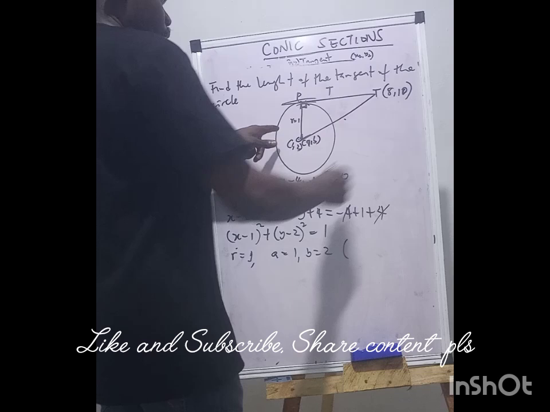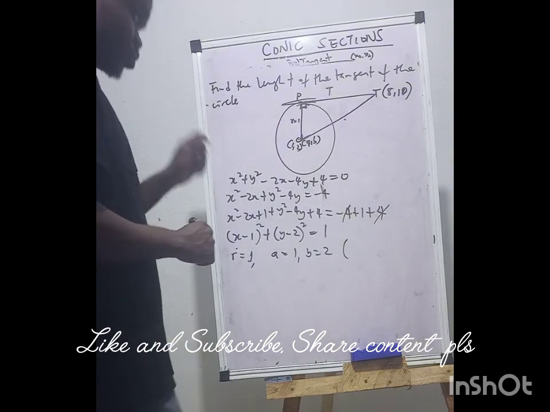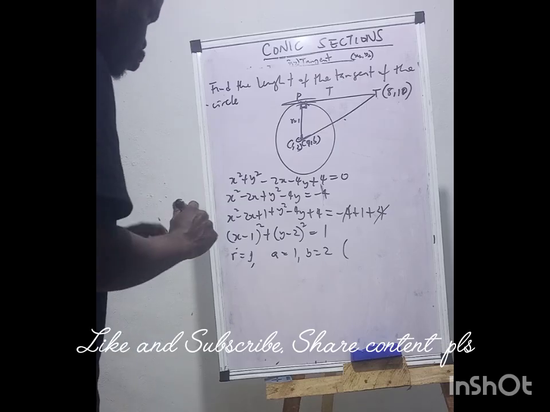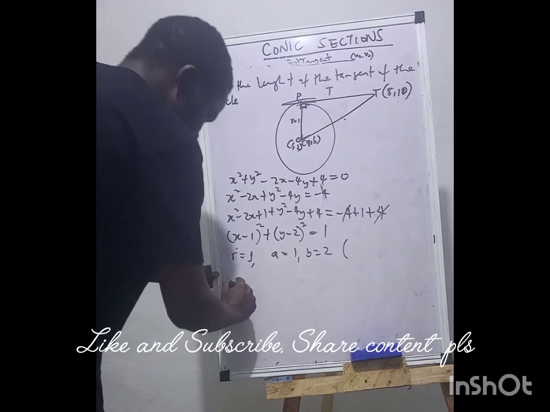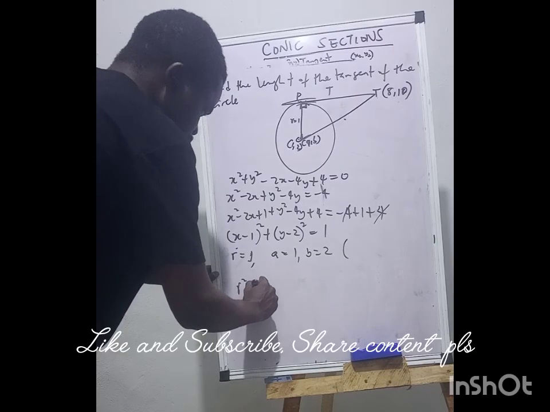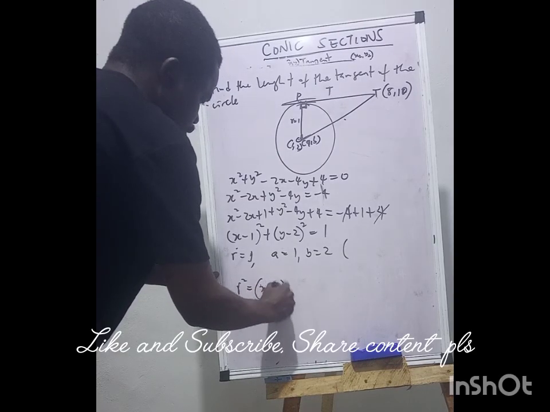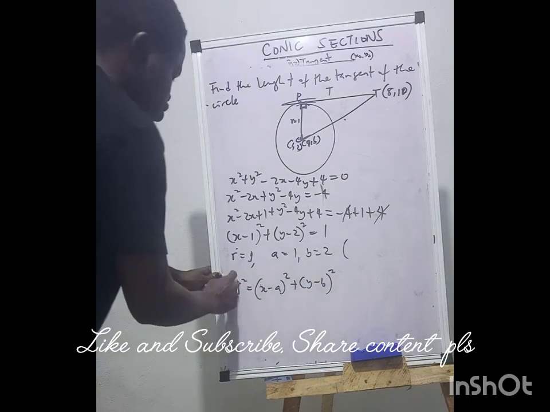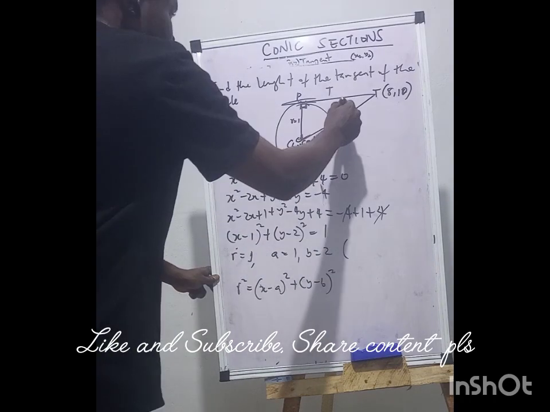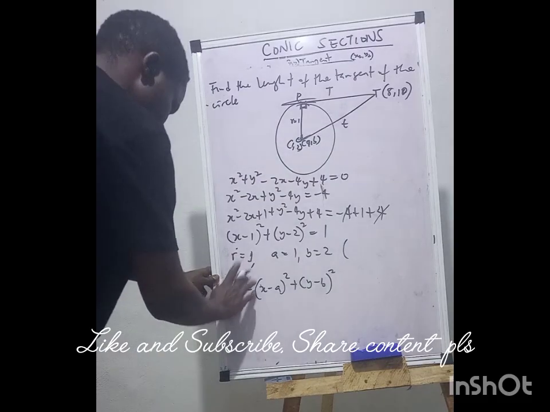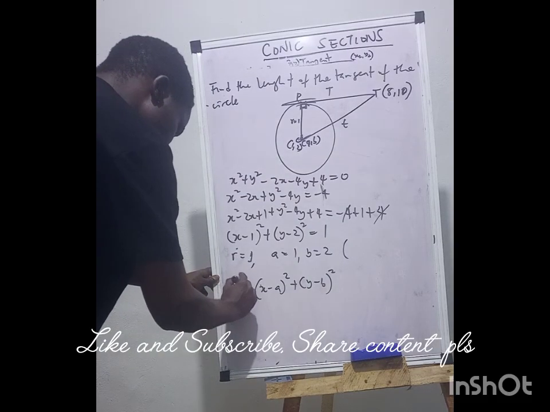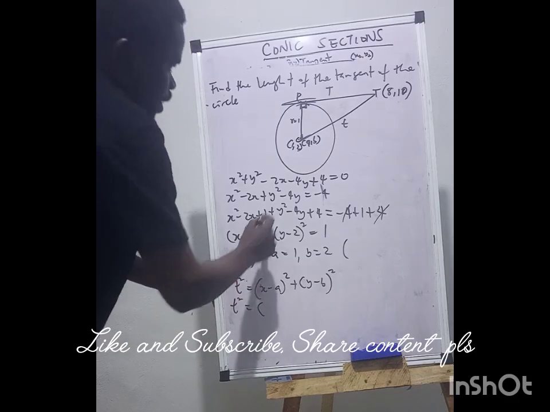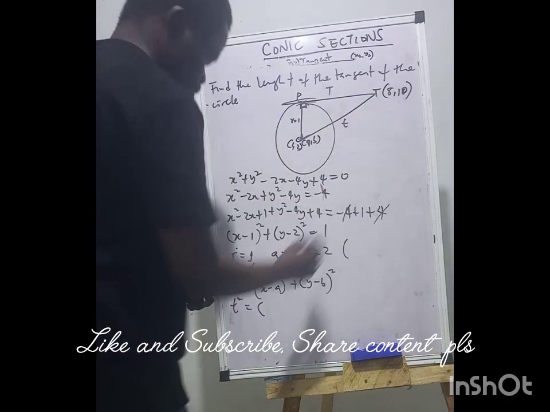Using the same rule that we used to get our r, which is r squared equals x minus a squared plus y minus b squared, instead of r now we're going to get this small t. So that would be t squared. Applying that same basic principle, we have x minus a. This is x, which is 8.